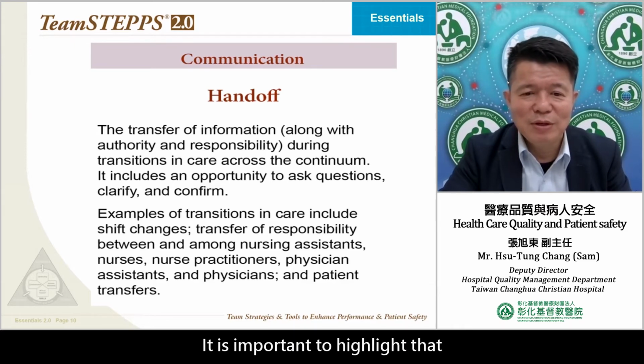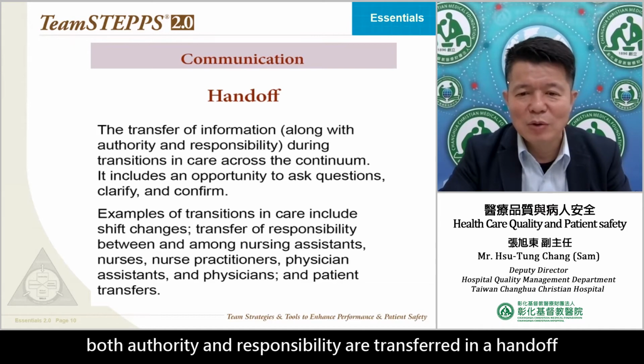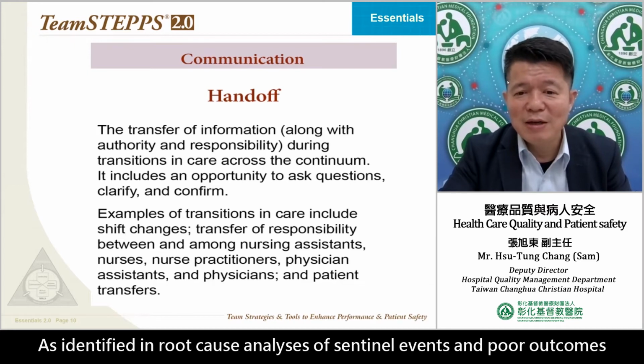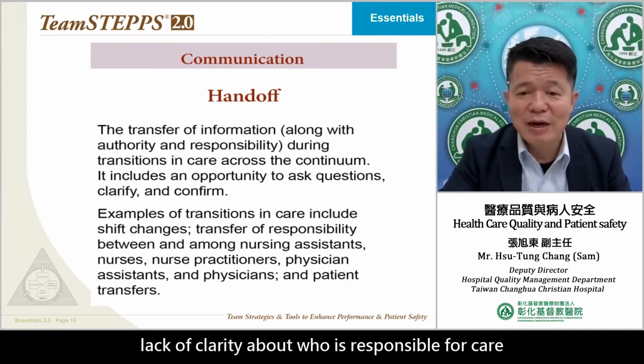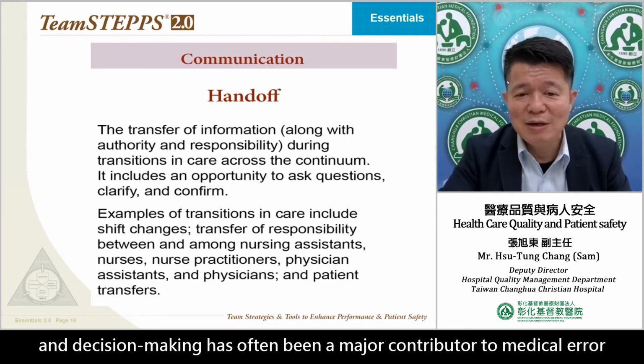It is important to highlight that both authority and responsibility are transferred in a hangoff. As identified in root cause analysis of sentinel events and poor outcomes, lack of clarity about who is responsible for care and decision making has often been a major contributor to medical error.